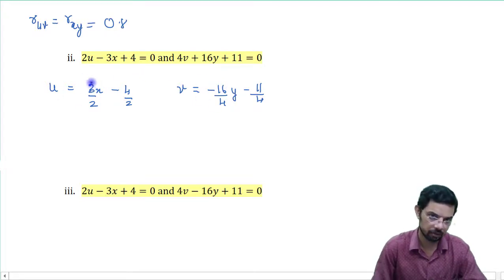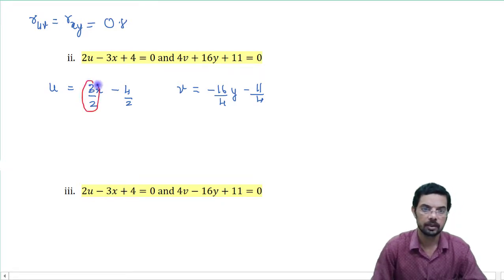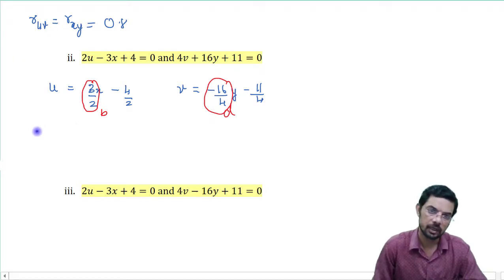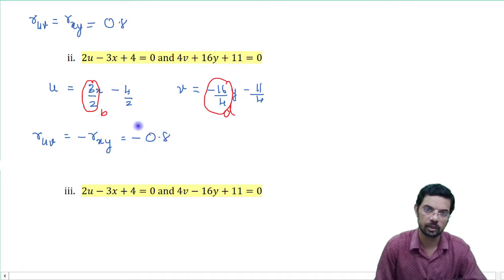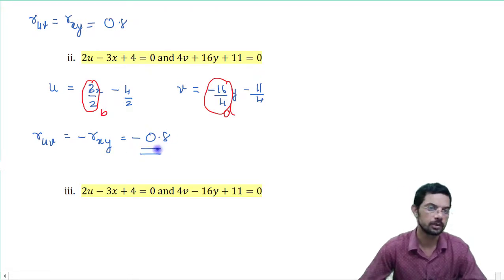The sign of b is different from the sign of d, correct? So therefore r of uv is equal to minus of r of xy. The correlation coefficient between x and y is given to us as 0.8. So we have minus 0.8.